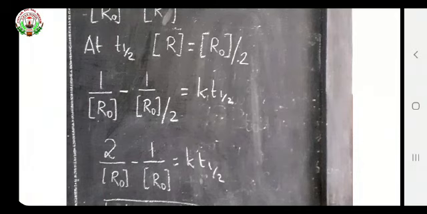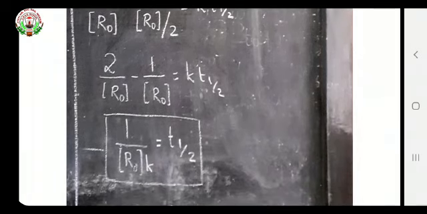Now this 2 gets shifted above. We have 2 upon concentration of R naught minus 1 upon concentration of R naught is equal to k t half. Then finally we get 1 upon concentration of R naught into k is equal to t half. This is the expression for the half-life period of the second order reaction.